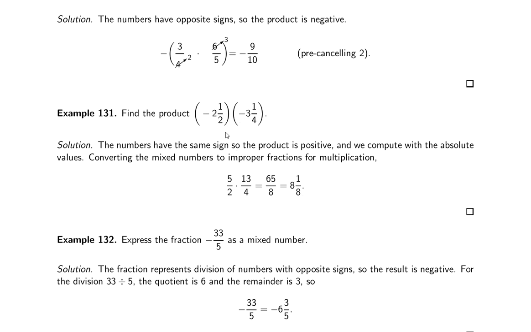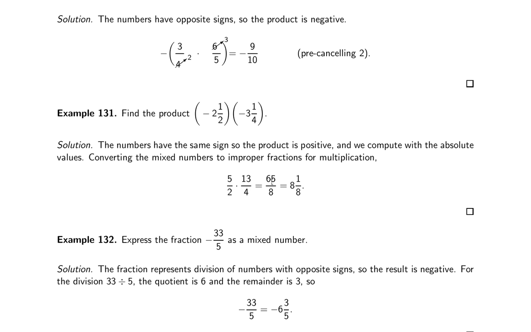Okay, 2 1/2 as an improper fraction is 5 over 2. So 2 times 2 plus 1. Here we have 3 times 4 plus 1, that's 13 over 4. Multiplying fractions, so going straight across, there's no cancellation possible here.